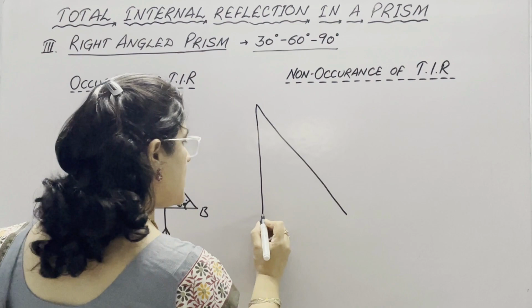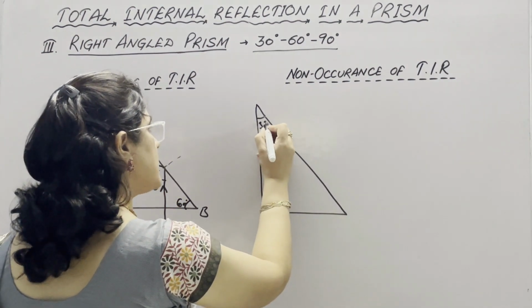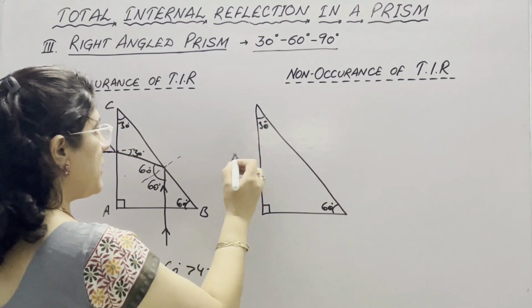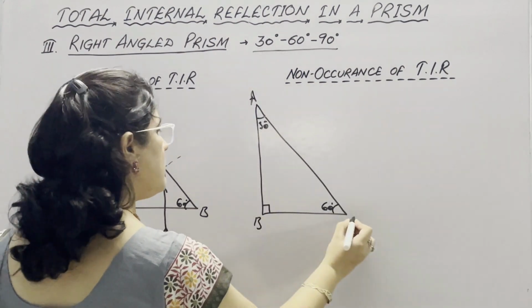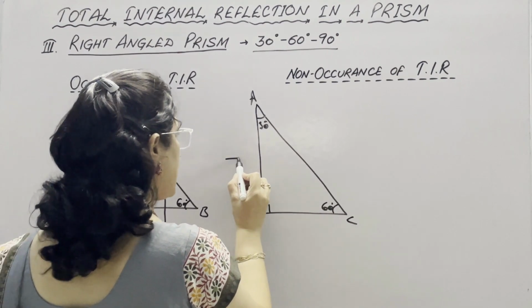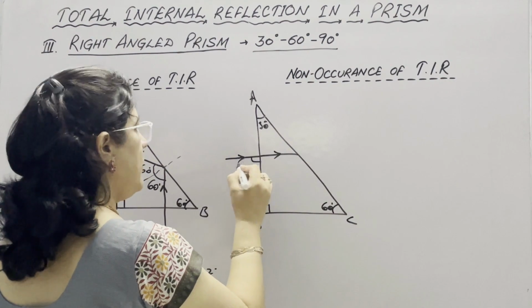The prism will remain in the same position, 90, 30 and 60 degree. But here light is coming from the perpendicular side ABC, suppose from this AB side. Now as the light ray is coming straight, it goes undeviated.